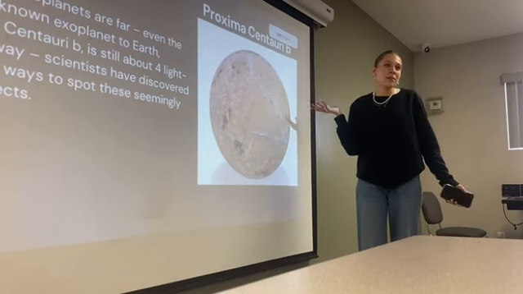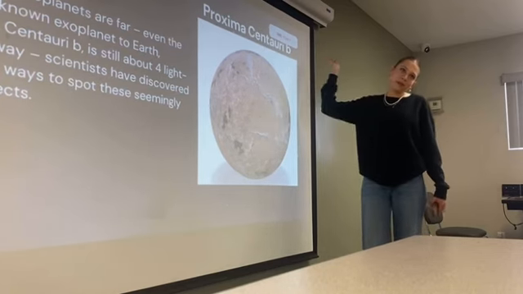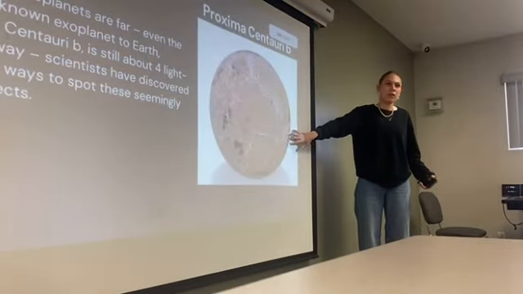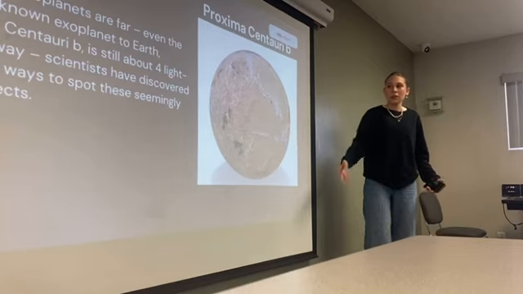They don't know about the atmosphere or if it has water, but they are in the process of finding out. But in size, and because it's a rocky planet, it's similar to Earth.